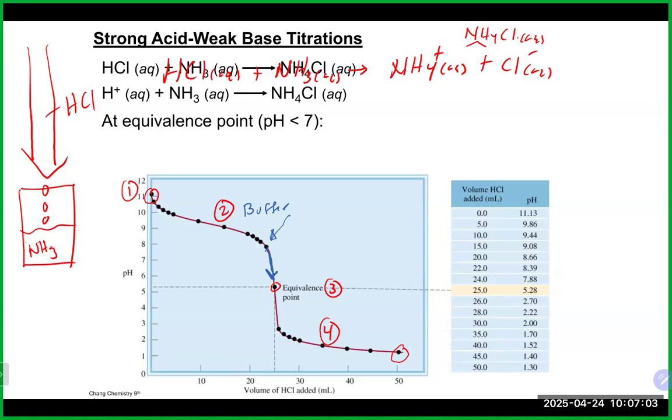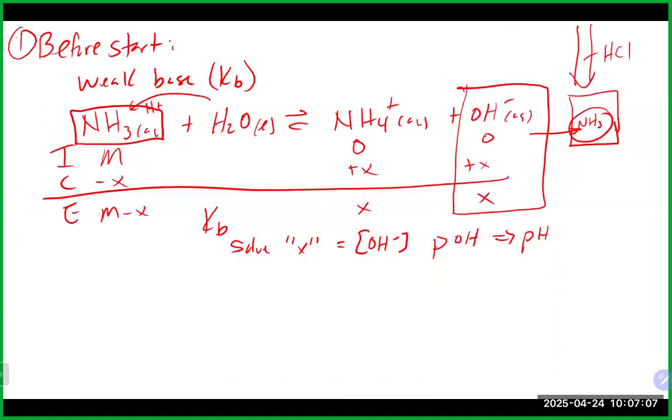So let's talk about what happens when we do hit that equivalence point, now that we made our buffer and then blew through our buffer. So at the third step here, we're going to be at the equivalence point. And once again, we definitely are adding if we're at the equivalence point here.